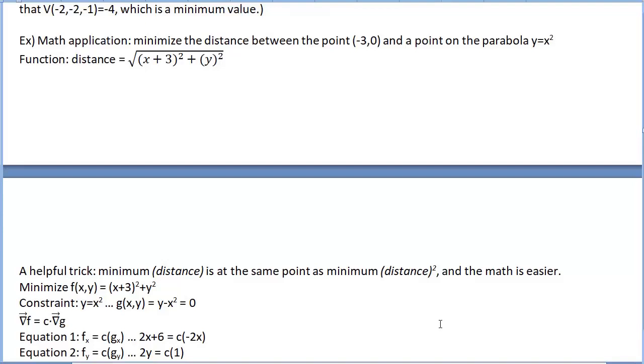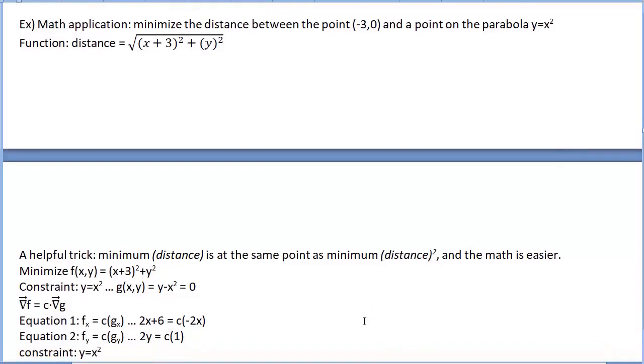By taking the gradients, the partial derivatives, and using the Lagrange multiplier, our first equation is going to be df/dx, which is 2x plus 6, equals a constant times dg/dx, so that's c times -2x. Then equation 2, with the partial with respect to y, we get that 2y equals c times 1. And of course, we also have our constraint equation, y equals x squared.